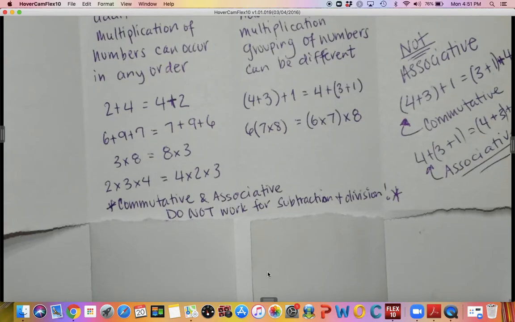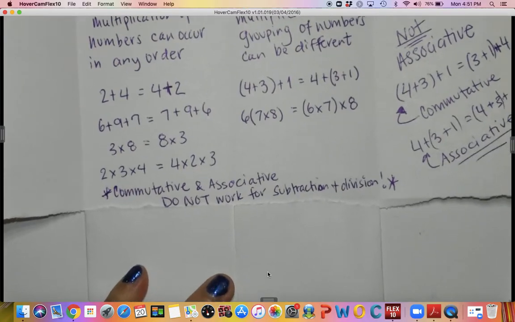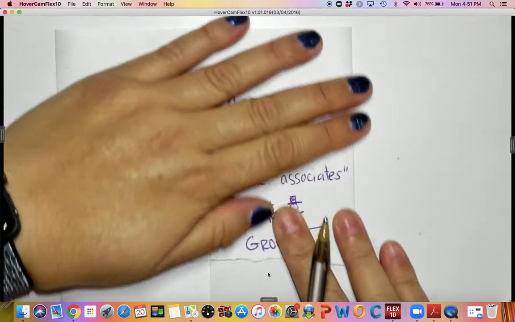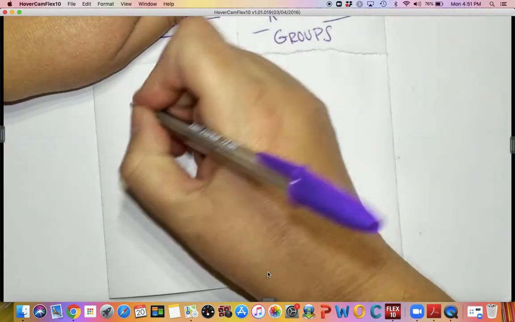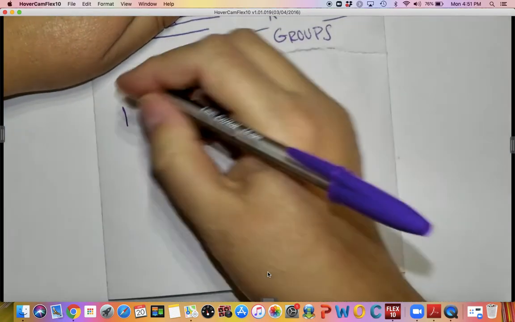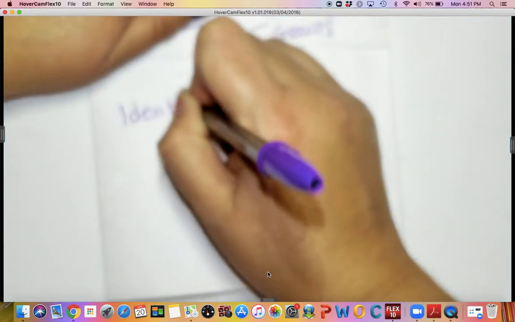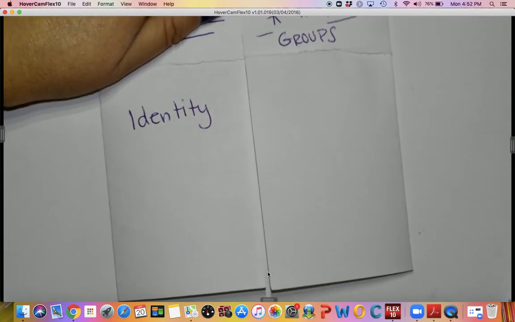Alright, I'm just going to show you the example with, oh no, I did division and subtraction. Okay, so this is our little top two flaps. Now we're going to go to the bottom. On the bottom, on the left, I want you to write identity, and these are the ones that might be new, that you might not have heard of, but for sure you'll be able to understand what they are.